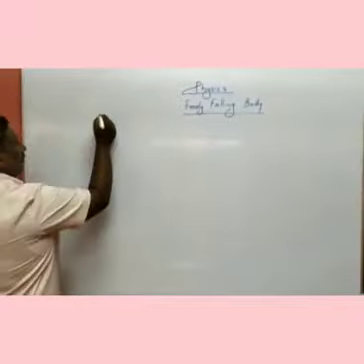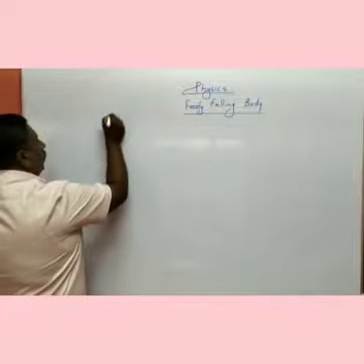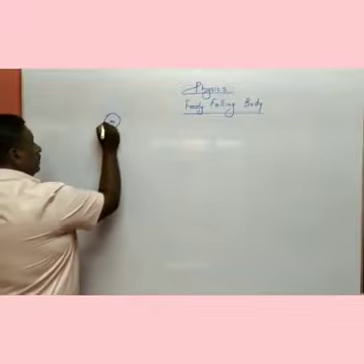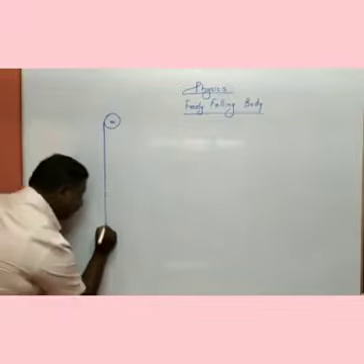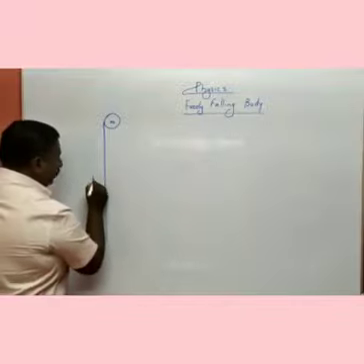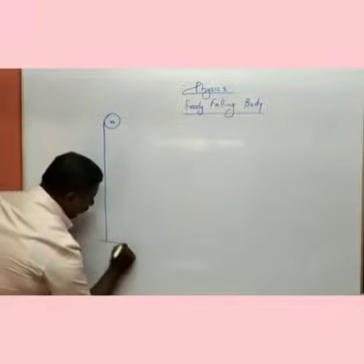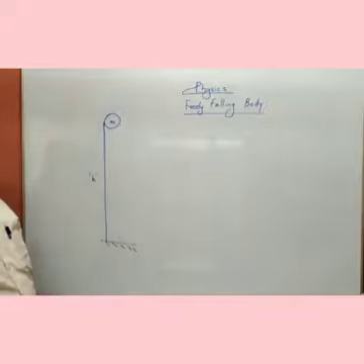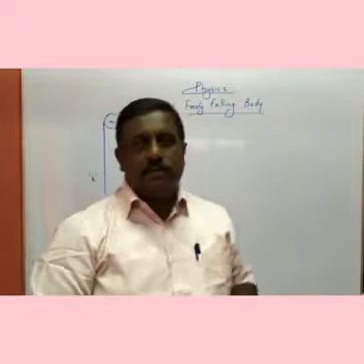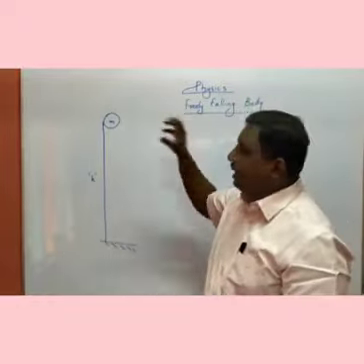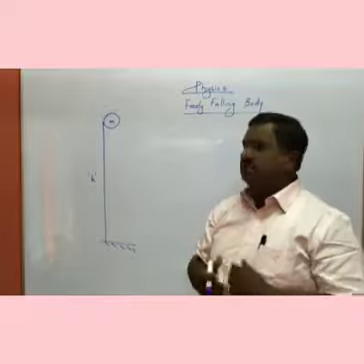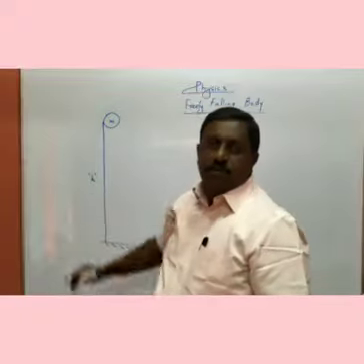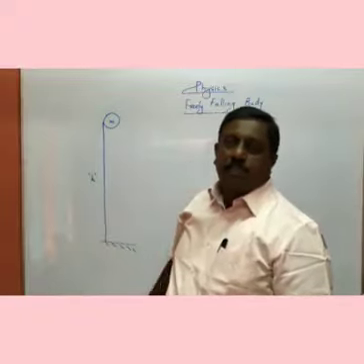Suppose I have a body or a ball of mass m. It is now placed at a height of h meter from the ground level. This is the ground level. Now think a ball of mass m is placed at a height of h meter above the ground.